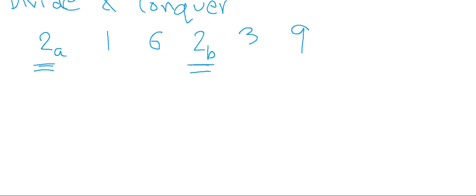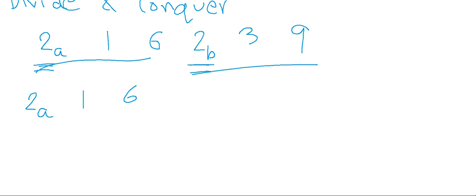So what happened in this case? You divide this list into half. So we get 2a, 1 and 6, and another list which is 2b, 3 and 9. And you again divide this list into half and you get 2a. This is odd, so we'll just have another list which is 1 and 6.